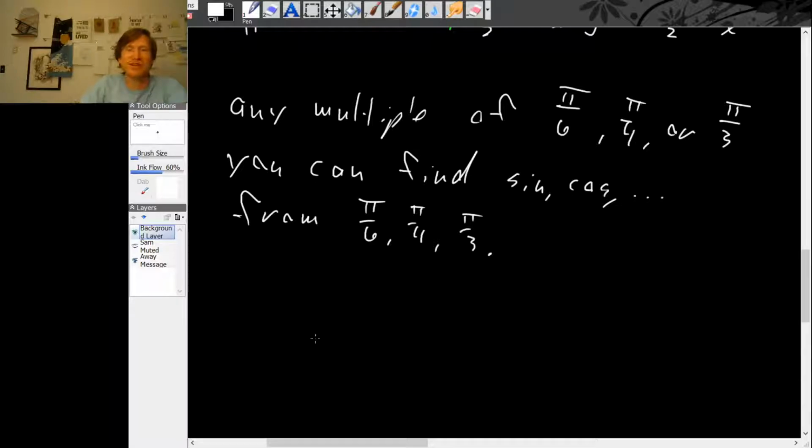So we just saw an example of that. Let's look at one more example. Let's find, say, sine of 3 pi over 4 and cosine of 3 pi over 4.